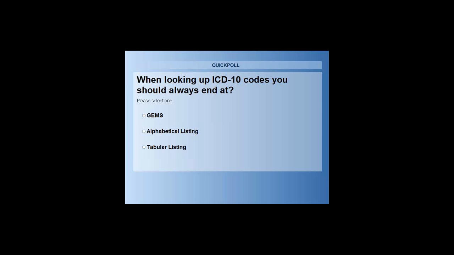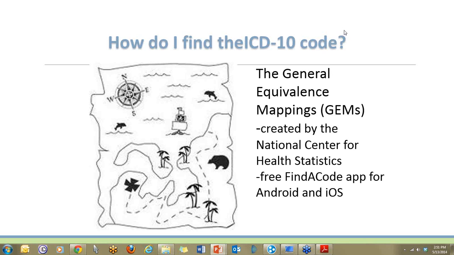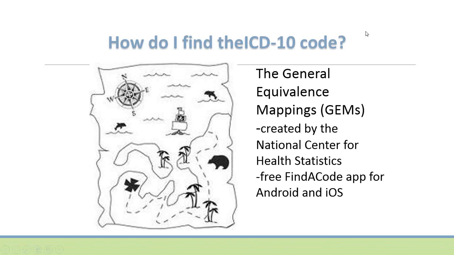All right. If you were one of the 82% that said tabular listing, you are correct. You're going to start with either the GEMS or the alphabetical listing, but you're always going to end at the tabular listing. So let's actually go through and see what we're talking about here.